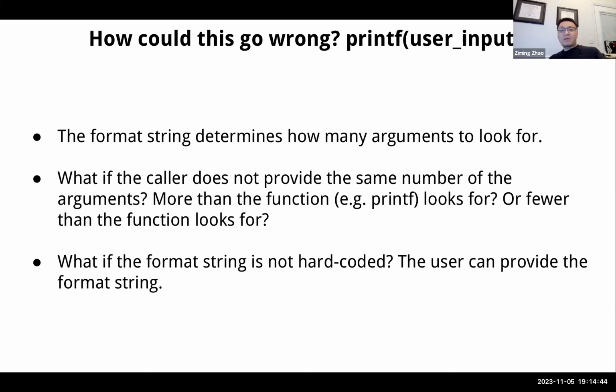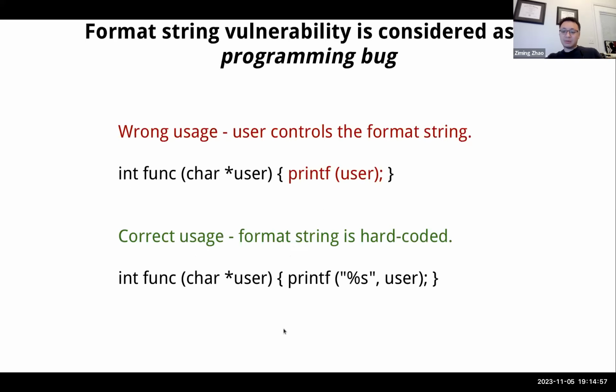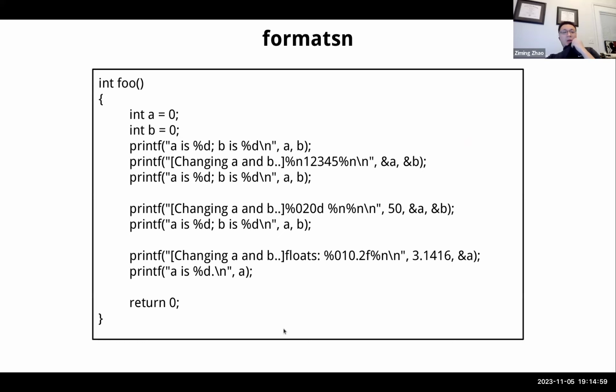The vulnerability exists when the user can specify what the format string is. In most cases, like the previous examples, the format string itself is hard-coded in the program, in the read-only area of the program.